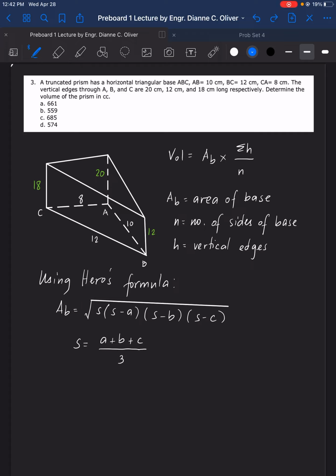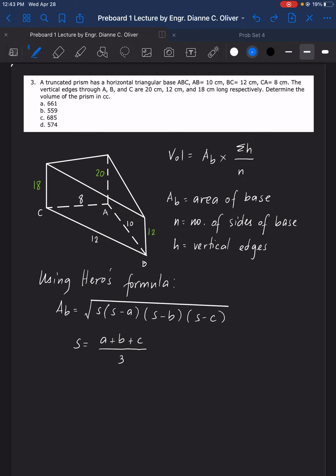Then it says there vertical edges. So we're talking about the vertical edges through A, B, and C, they are 20 centimeters, 12 centimeters, and 18 centimeters long.